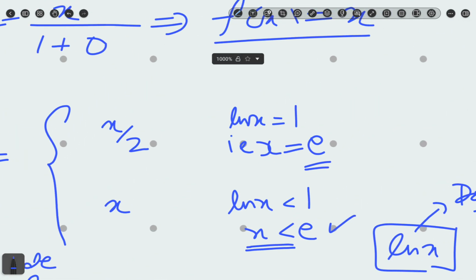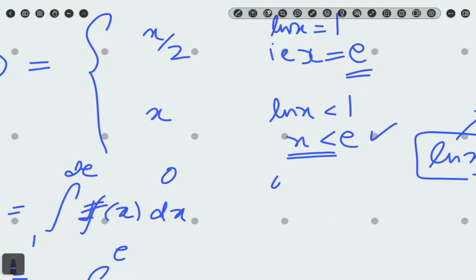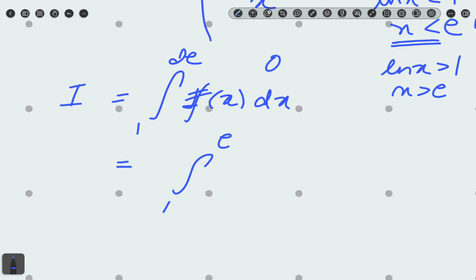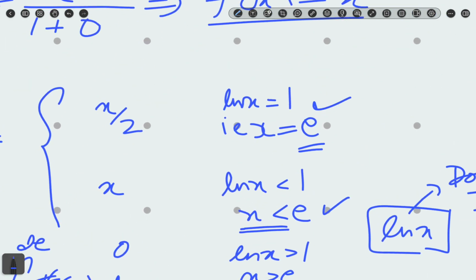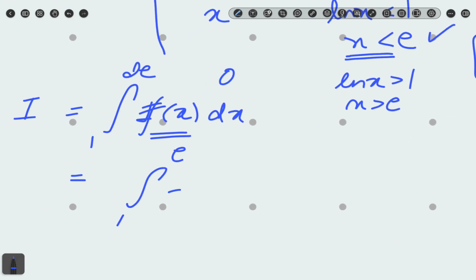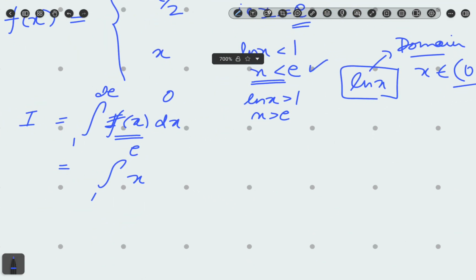Because at e the limit is breaking, otherwise we write, this becomes x dx plus the integral from e to e.